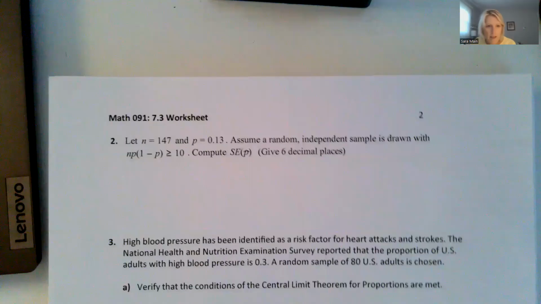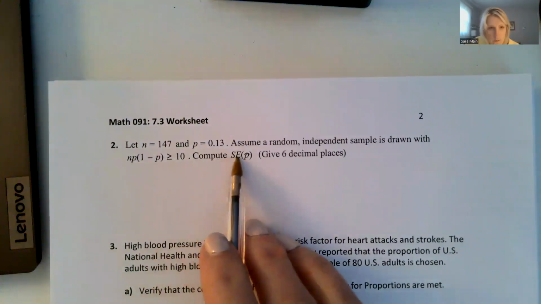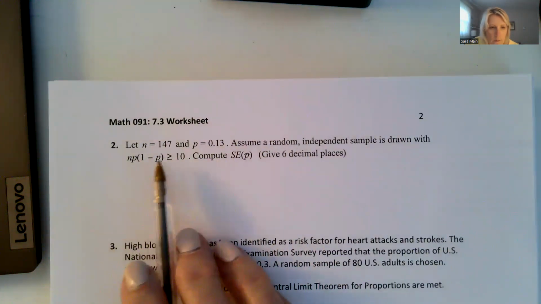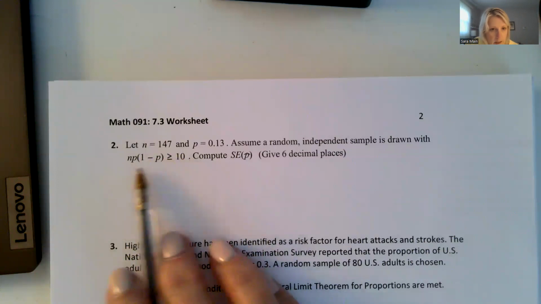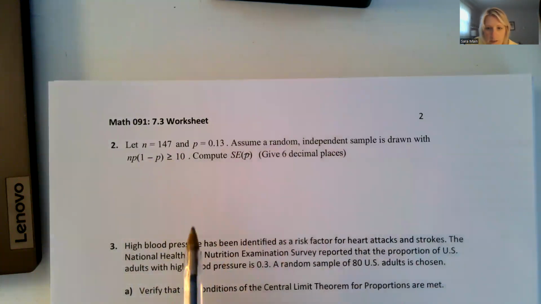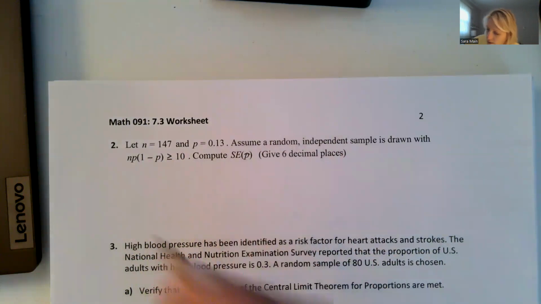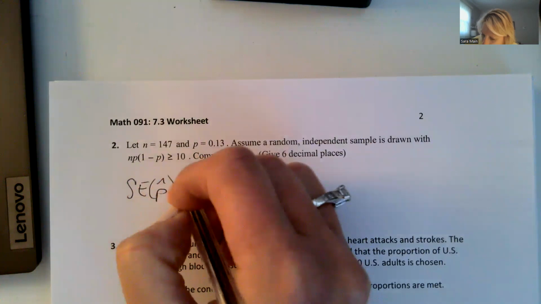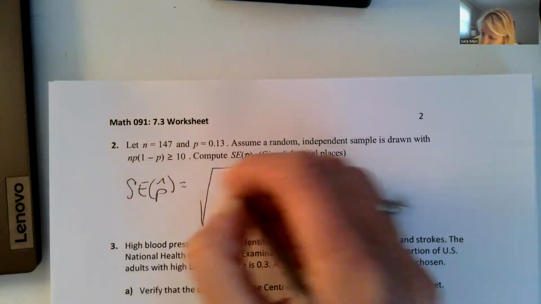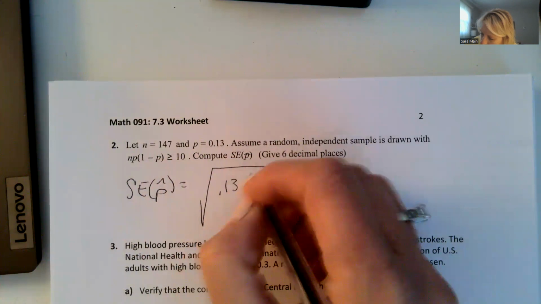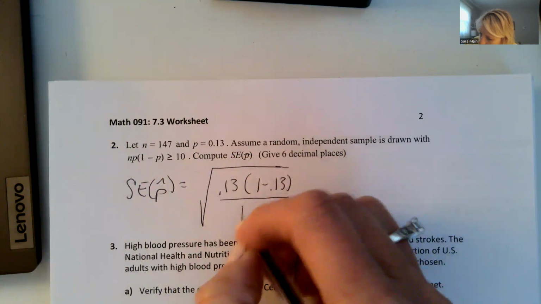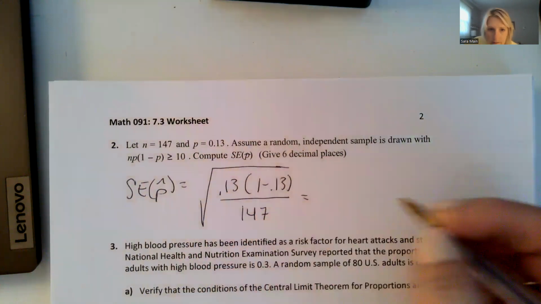Question number 2 at the top here says, let n equal 147 and p is 0.13. Assume a random independent sample is drawn with n times p times 1 minus p greater than or equal to 10. So these meet our qualifications for the CLT. Compute the standard error of the p hat. That means we take the square root of 0.13 times 1 minus 0.13, all over 147.